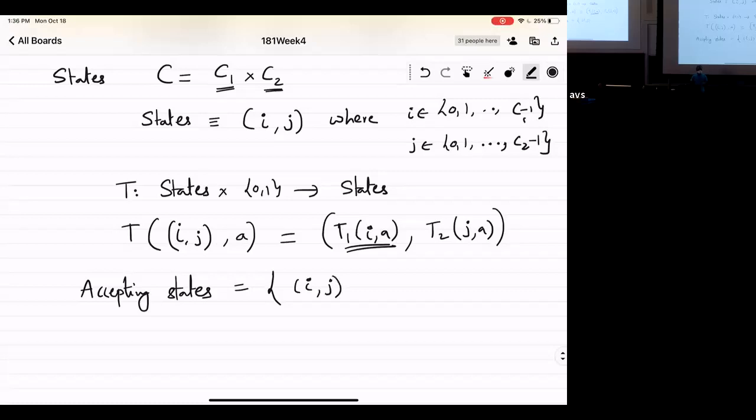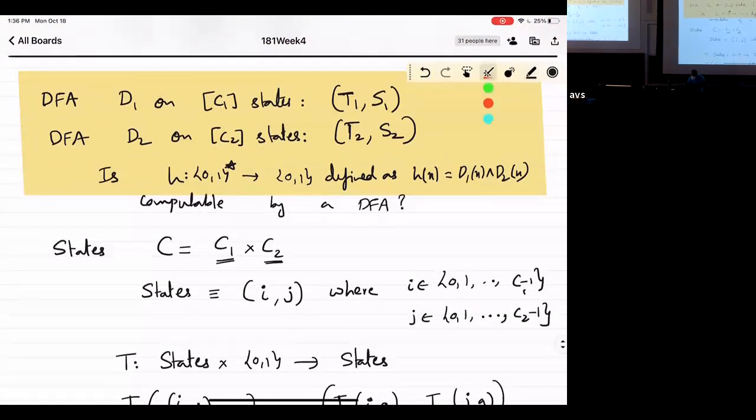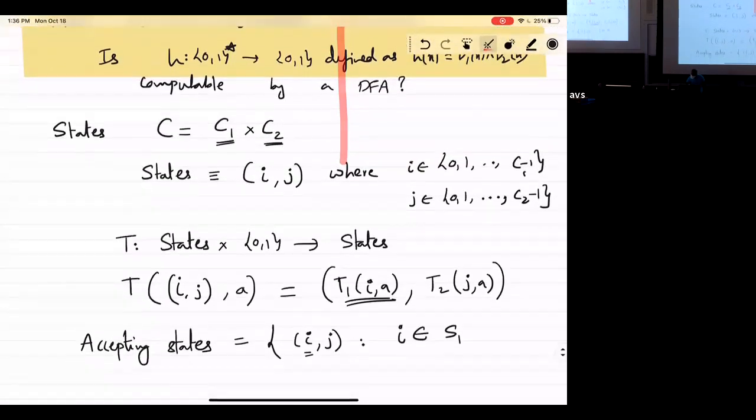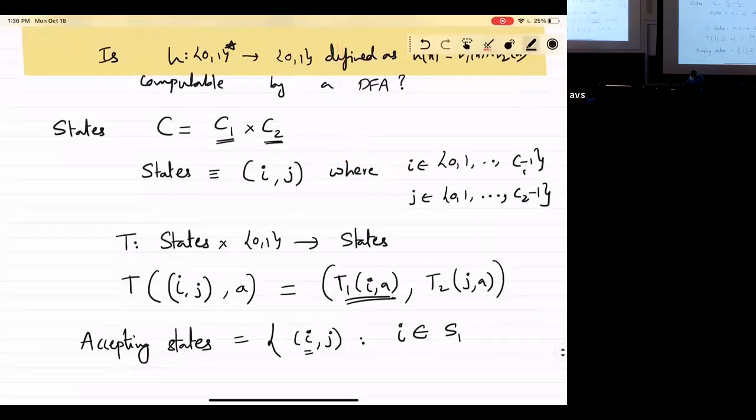Okay, so you're going to declare a success if the first player succeeded and the second player succeeded. The first player succeeds if their memory contents lie in S1, which was the things that they were accepting, and the second player would succeed if their memory contents are in S2.